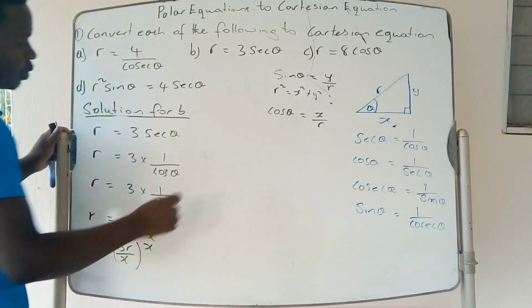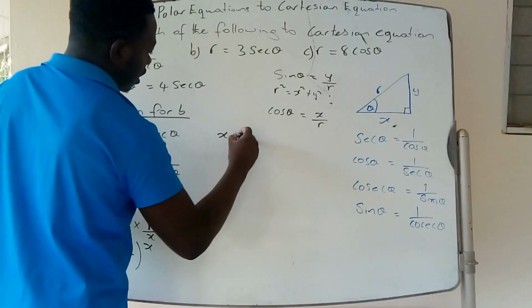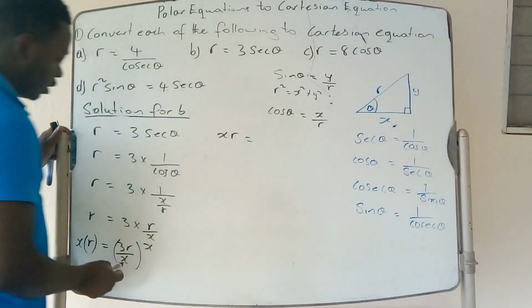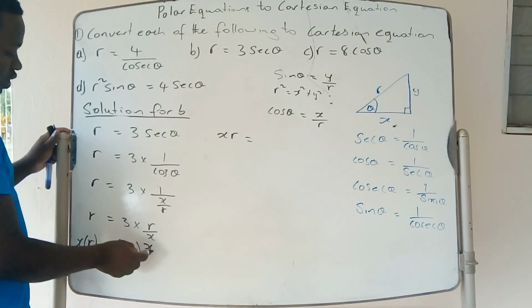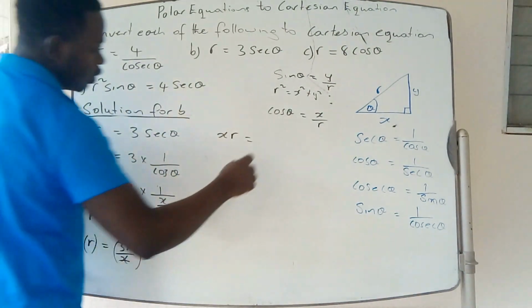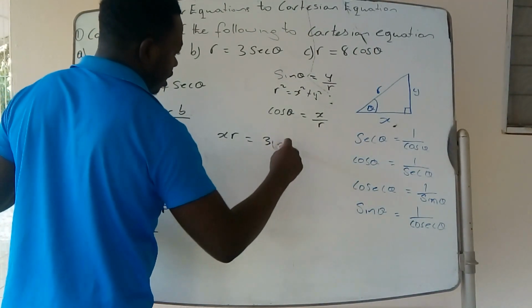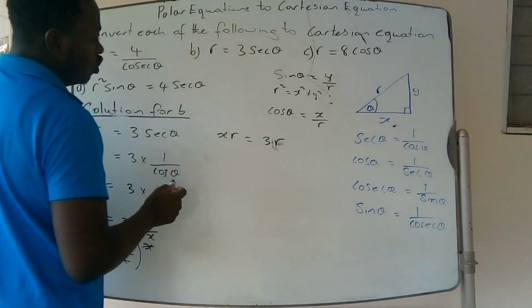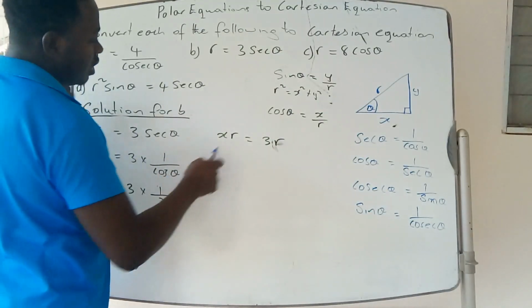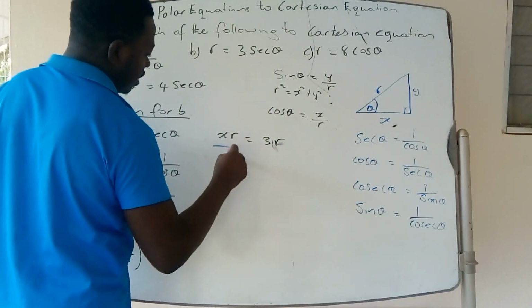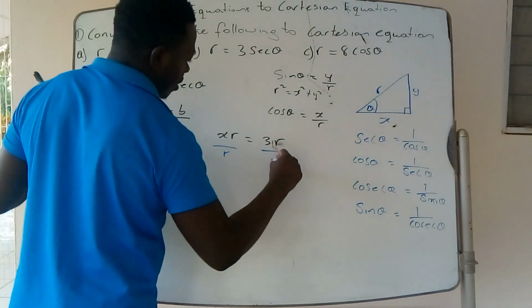So on this side we have x times r, which is equal to x times this, and the x outside is going to cancel out, so we're going to have 3r left on this side. Now what we can do is eliminate the r, so we divide this side by r and this side by r.